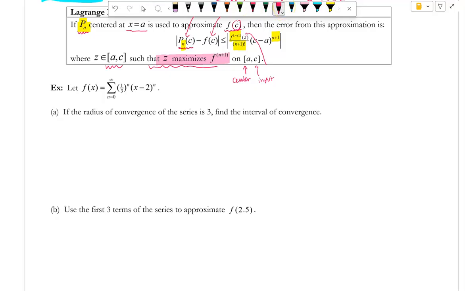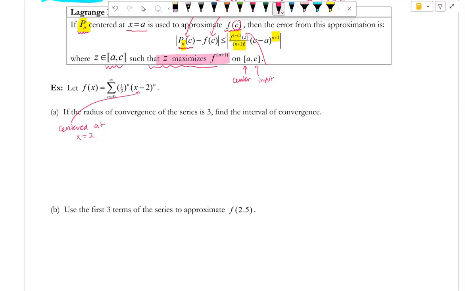So we don't need to do the ratio test. We could, but what would save us some trouble here is to recognize first that this series is centered at 2, because I have an x minus 2 in my series.